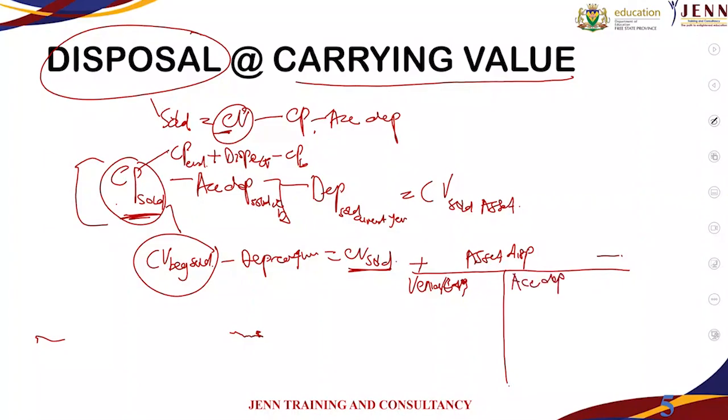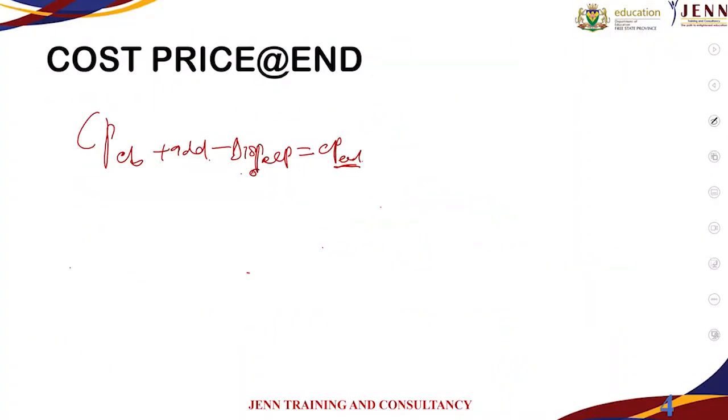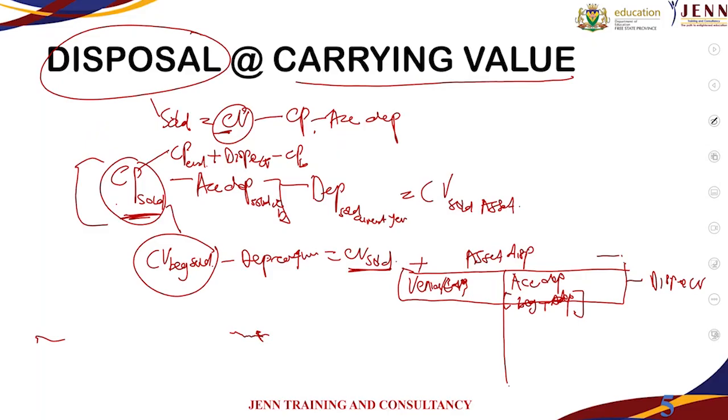That is accumulated depreciation. Now, we want the accumulated depreciation at the beginning, and then we add the depreciation for the current year. Now we are saying this is the disposals at carrying value. Right, this is the disposals at carrying value if we are using an asset disposal. We are saying cost price of the sold vehicle or equipment, we subtract the accumulated depreciation at the end.